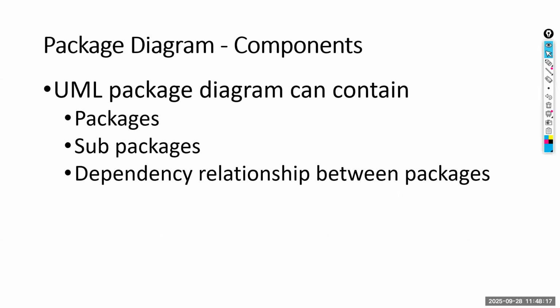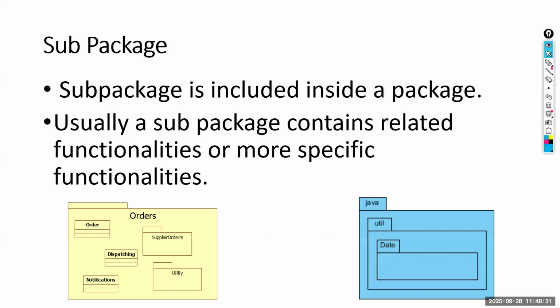So UML package diagrams are a very simple diagram. They show packages, sub-packages, and dependency relationships between packages. Those are the three things. So this is a package order, and these are classes in the order package, and this is a sub package inside order.